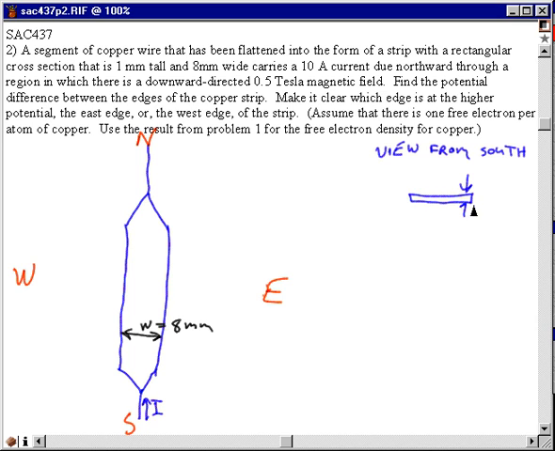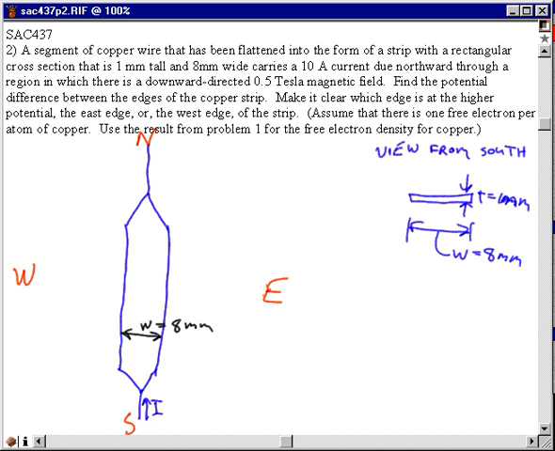We just get a thickness of 1 millimeter, and a width W, where the W is the 8 millimeters. Let's see if that's important.